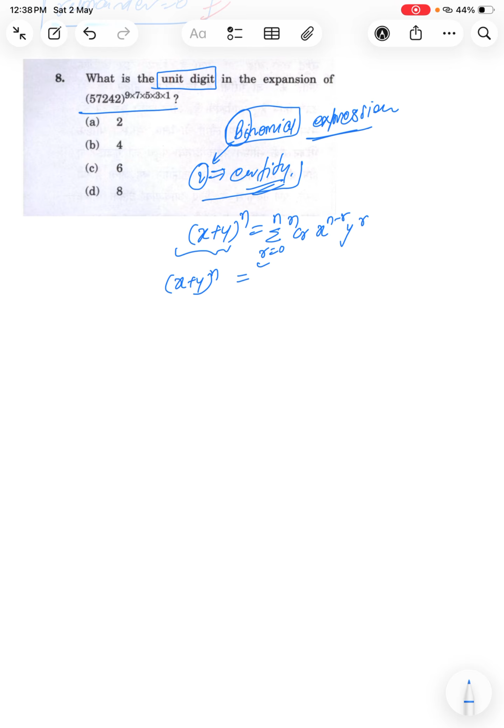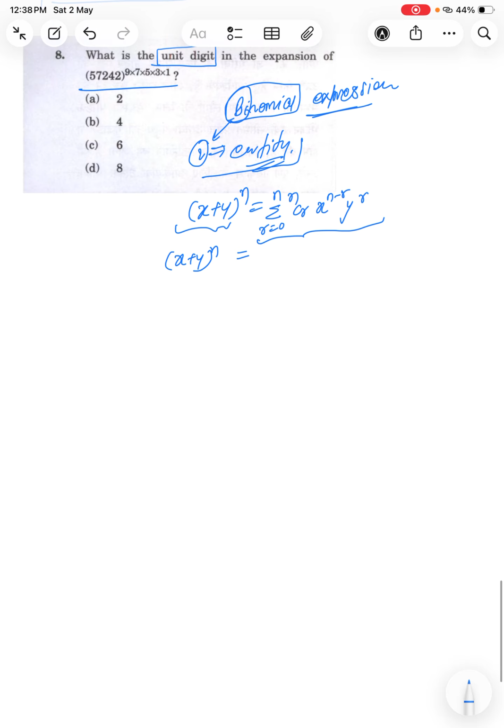If I write it term by term, this is how it will look: nC0 x to the power n y to the power 0, plus nC1 x to the power n minus 1 y to the power 1. Do not fear this expression.